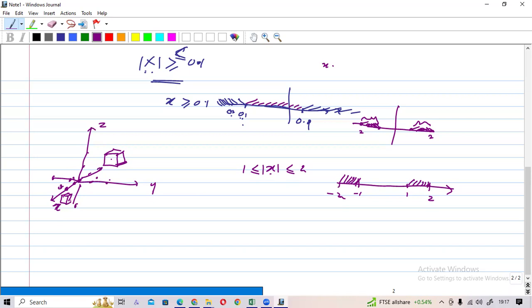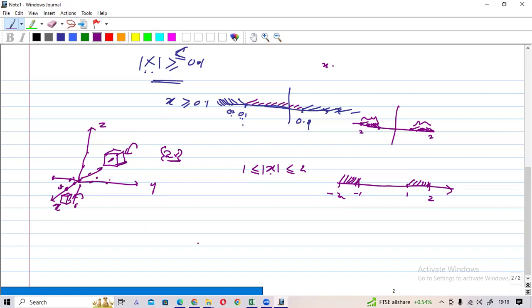To find the total charges, you have to find the charges in this cube and this cube, then multiply it by 2. This cube and this cube are identical. So if you find one cube, once you multiply it by 2, you can get the correct answer.